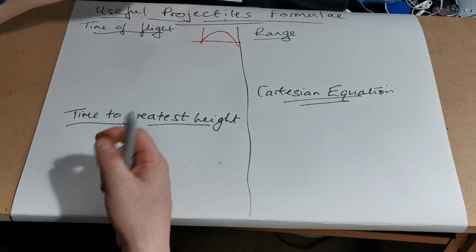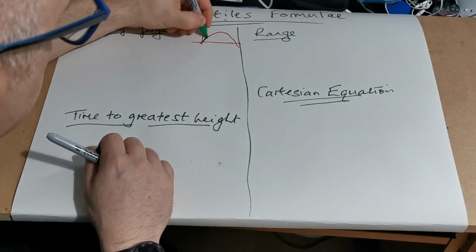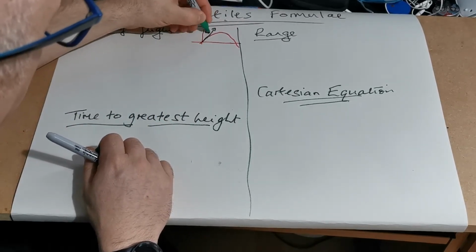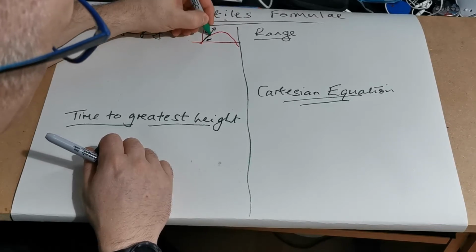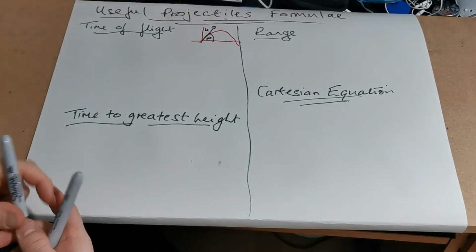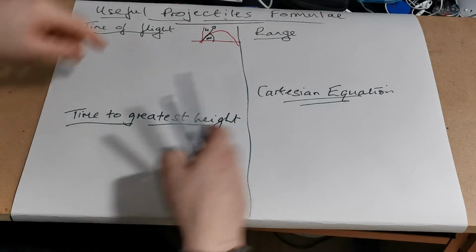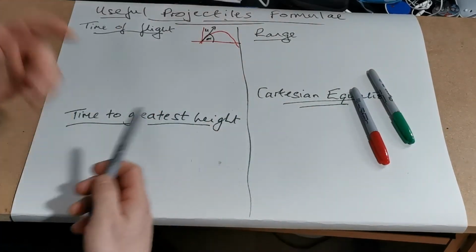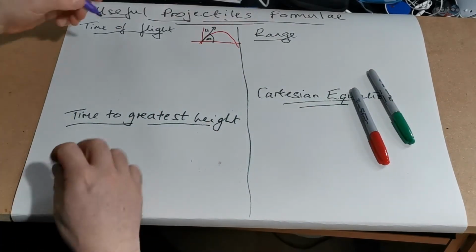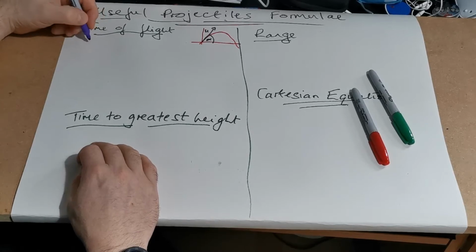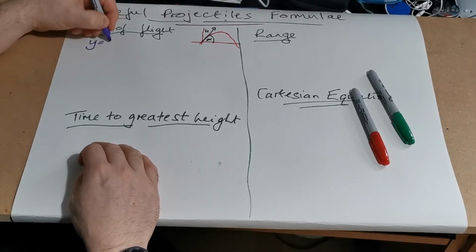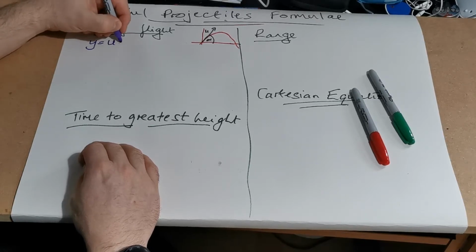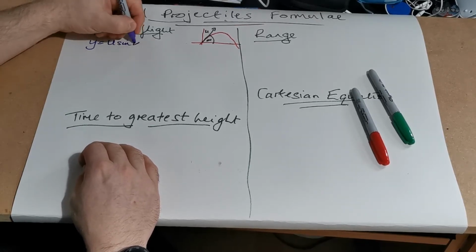and setting off with initial speed of u at an angle of alpha, then its y components at any particular time are y is equal to u sine alpha t.